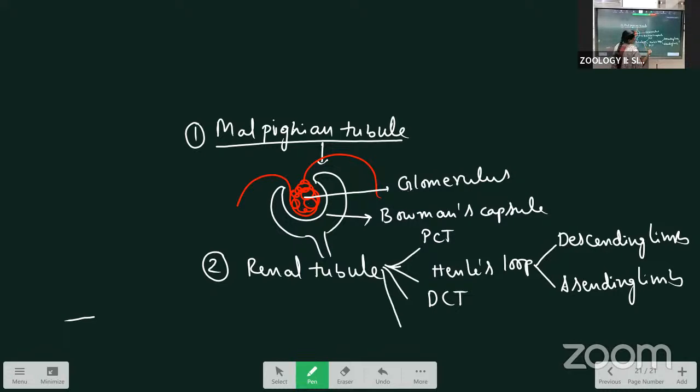And the last part is called the collecting duct, or collecting tubule. Clear?